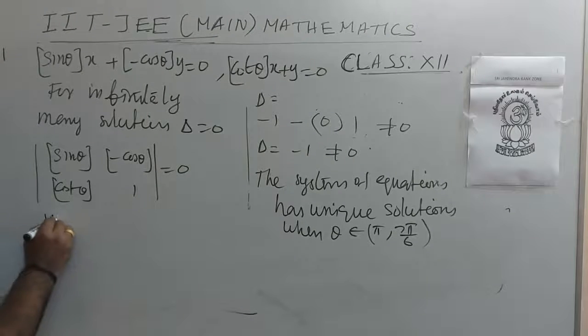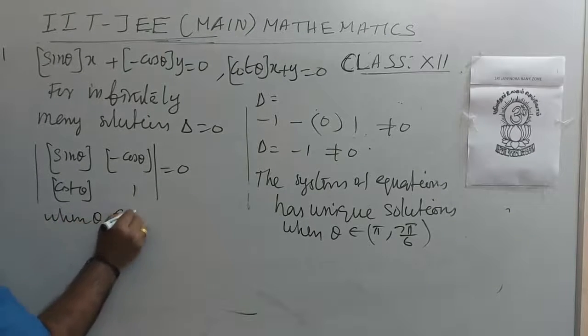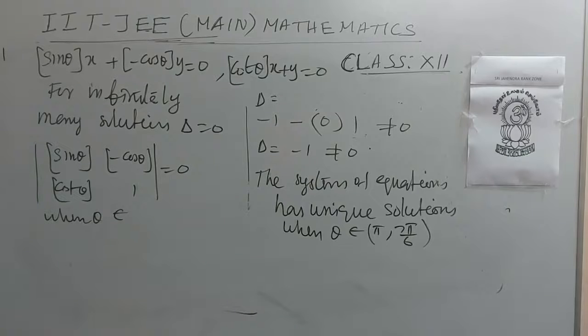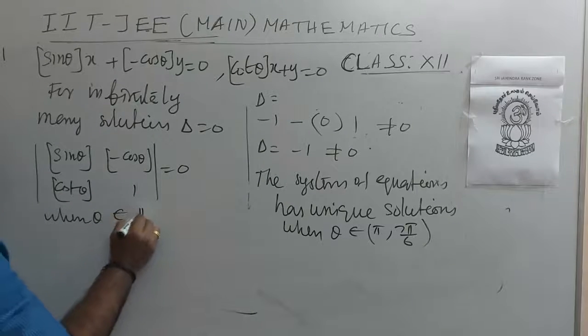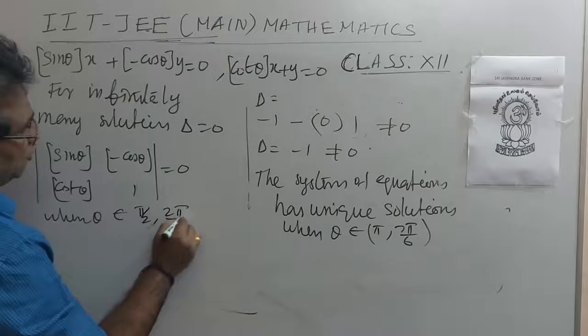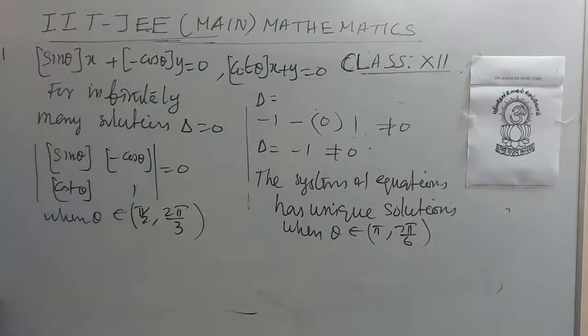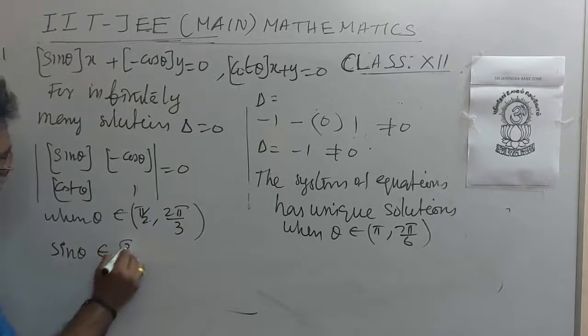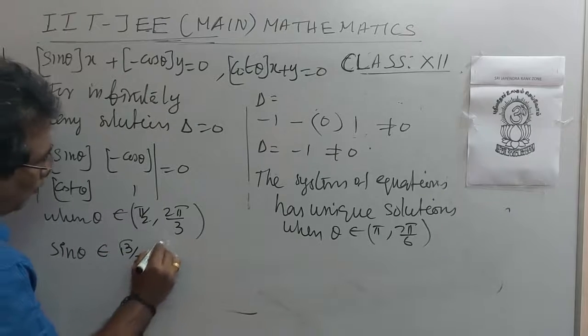When theta belongs to pi by 2 comma 2 pi by 3, sin theta belongs to the interval sin 90 to sin 120, root 3 by 2, so this lies between root 3 by 2 and 1.